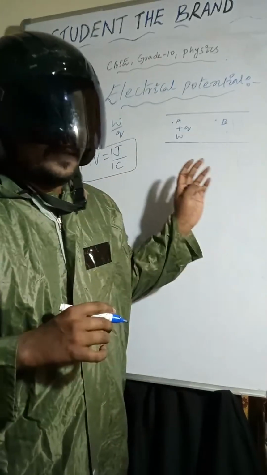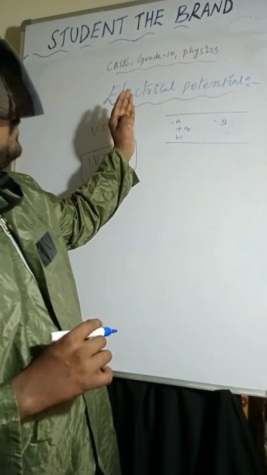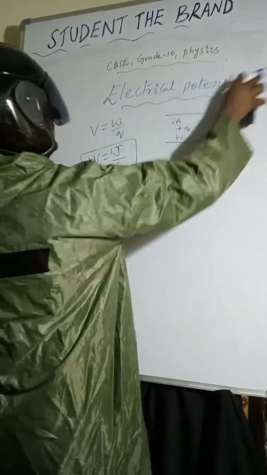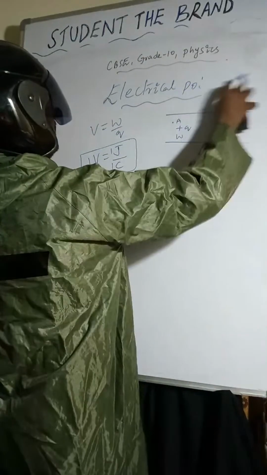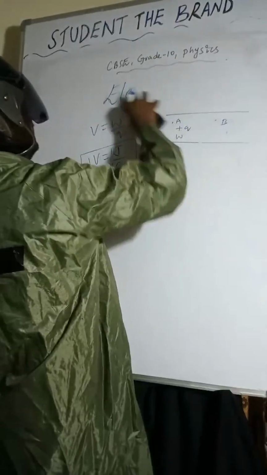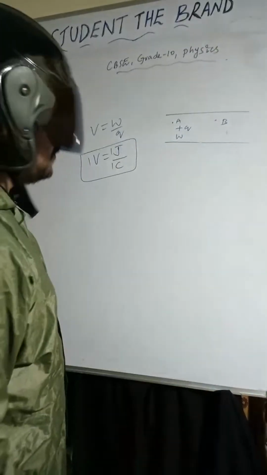So here you can observe, what is electrical potential and what is potential difference. Electrical potential means work done to bring unit positive charge from infinity to the required field. This is a potential difference.